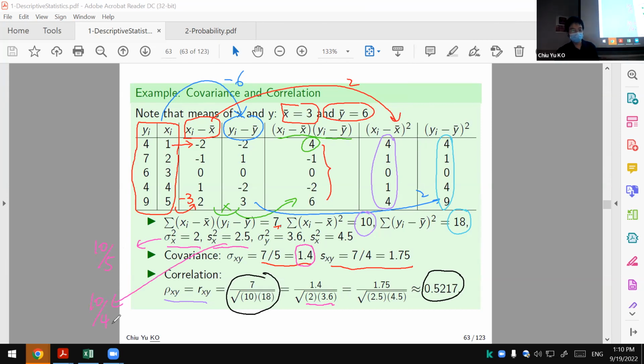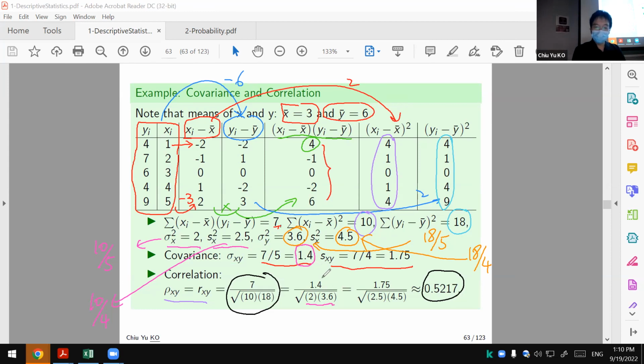Because this is the summation of x minus x bar squared divided by n, or divided by n minus 1. It's the same as how we calculate 3.6 and 4.5: 3.6 comes from 18 over 5, and 4.5 comes from 18 over 4.